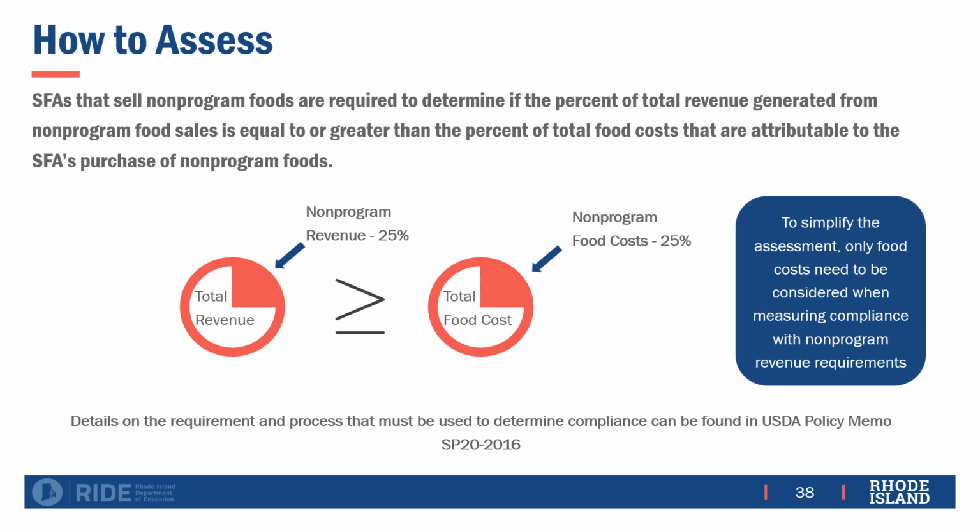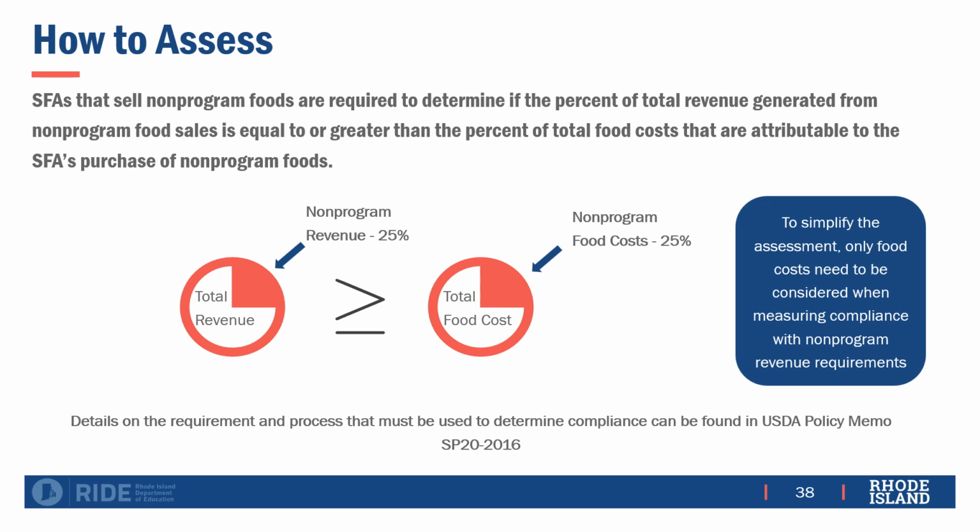For example, if the cost of non-program foods are 25% of the SFA's total food costs, then the amount of revenue generated from the sale of these non-program foods must be at least 25% of the total revenue in the school food service account. The USDA has developed a non-program food revenue tool which must be completed annually to assess compliance.